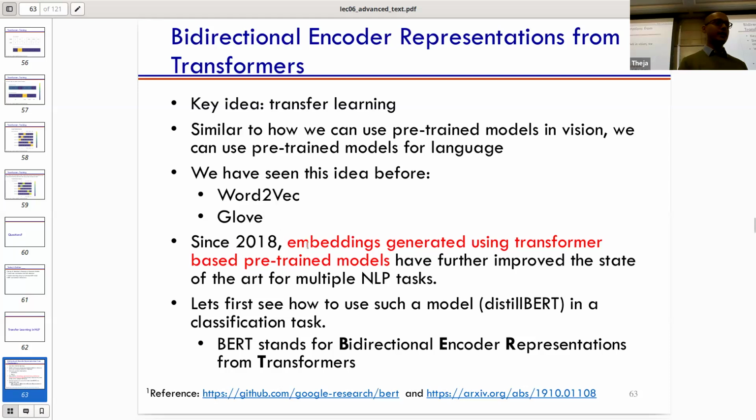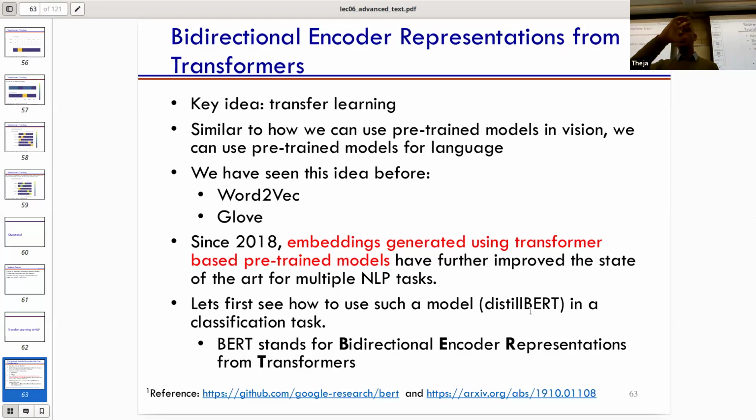What's new is the use of transformer-based pre-trained models. BERT is one of them. BERT stands for bidirectional encoder representations from transformers, but it's basically representations of words. Bidirectional means that words to the left and right of a word together influence its representation.